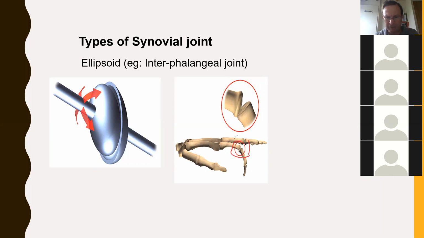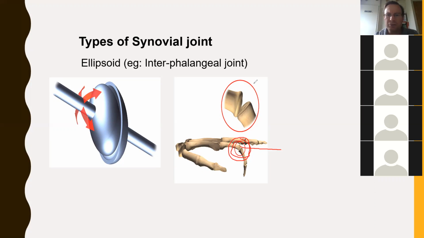Where I've just put that line, if we imagine that bone is actually quite rounded, it means that other little bone almost glides underneath it. So it slides around that rounded ball shape.